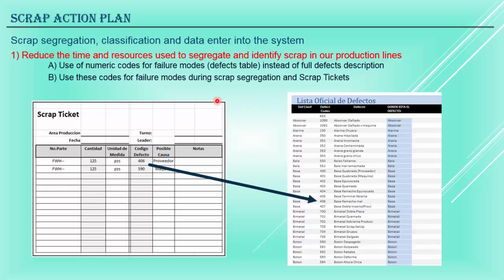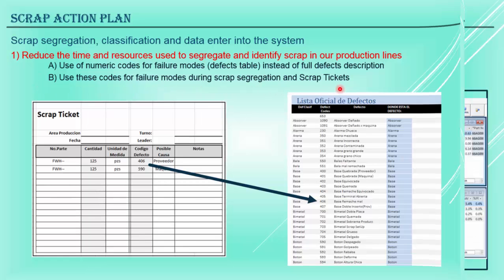We have noted over time that this is a very time-consuming operation, and by adding a list of defects and using them instead of the full description, it will reduce the amount of time and also prevent typing mistakes and errors during the scrap segregation.